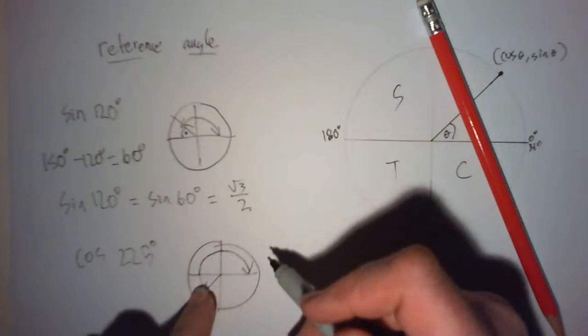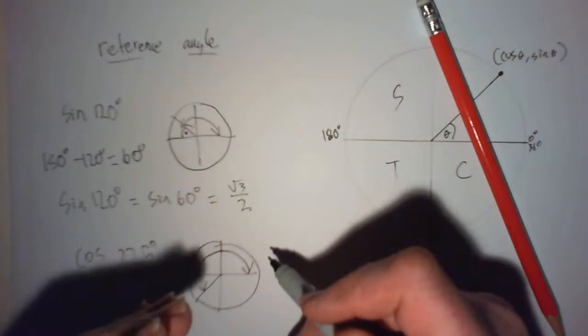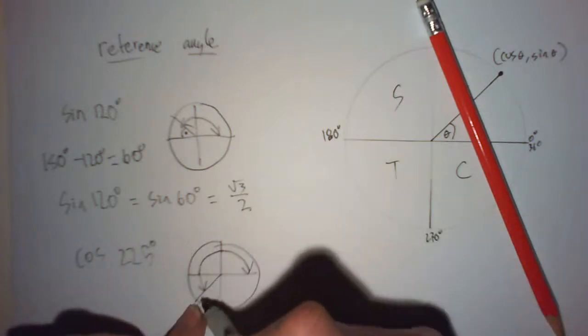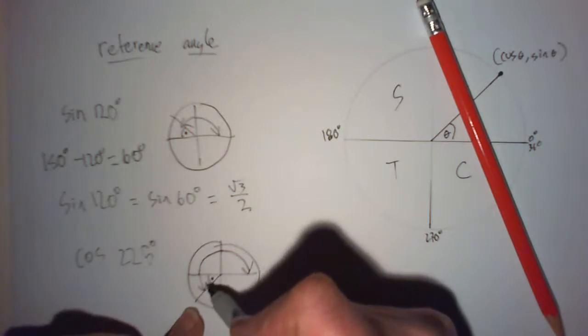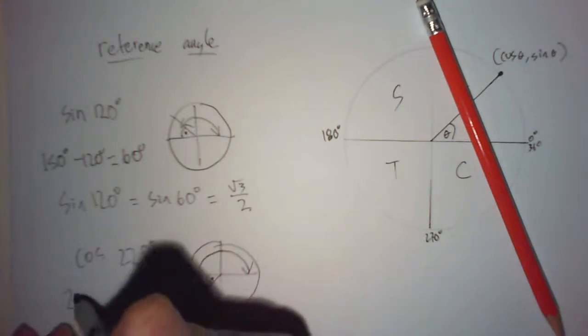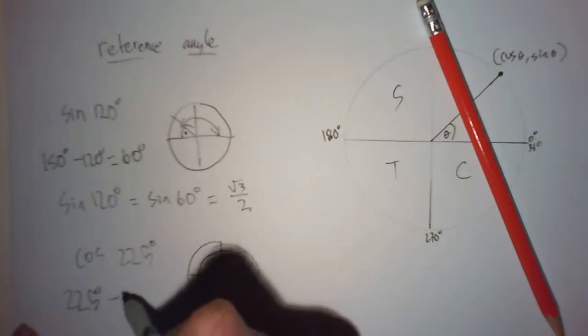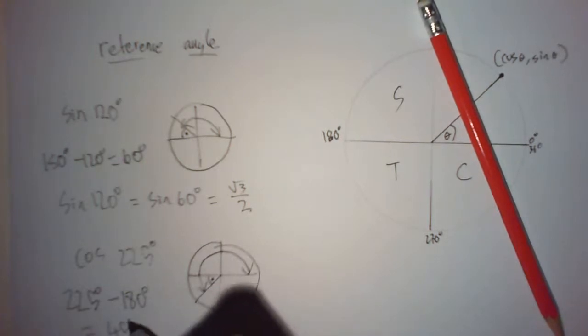So what we need to figure out is the reference angle for 225. What's our rule? It's between this line and the x-axis, the acute angle. So it's this one here we want. That's going to be 225 degrees minus 180 degrees, which is 45 degrees.